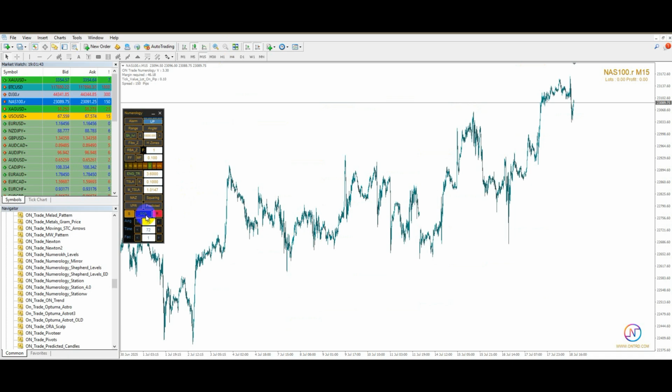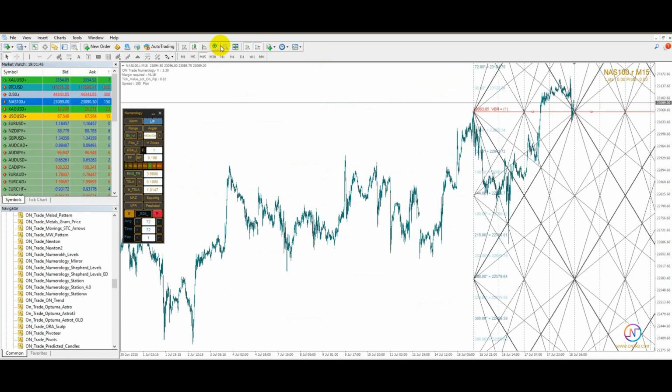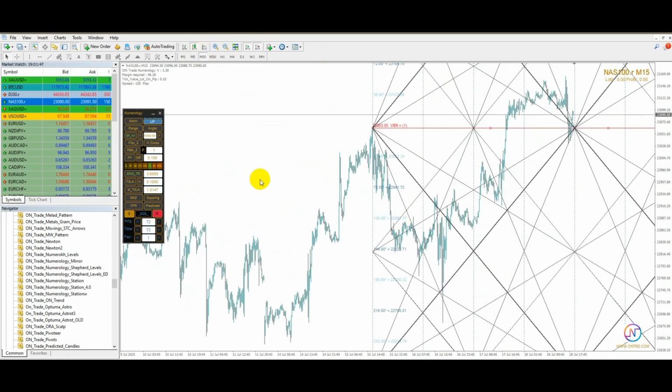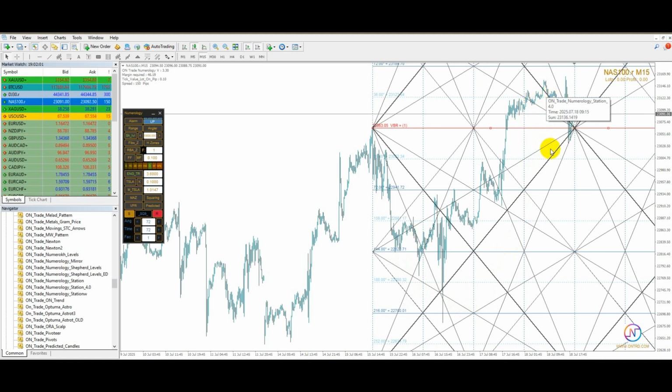Square of 9 is a method that we explain in our books on our website, like here. See how price reflects depending on time, the prices and the strengths of these stars.